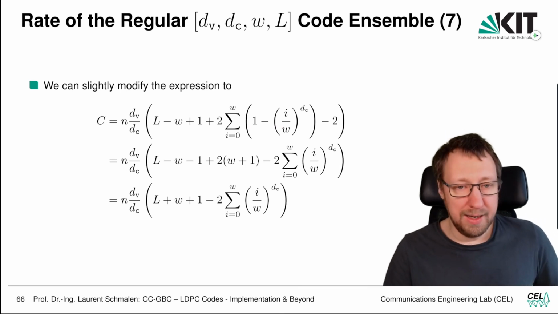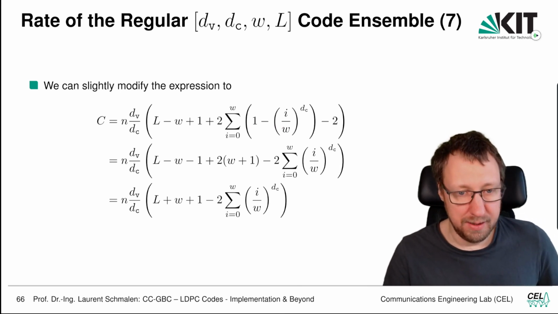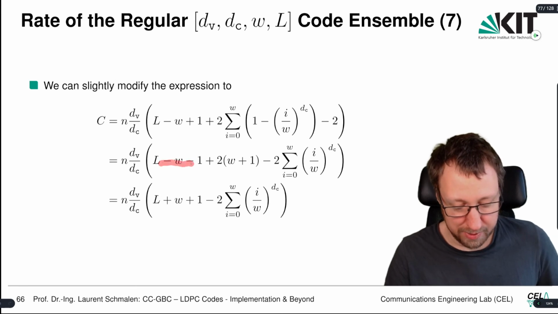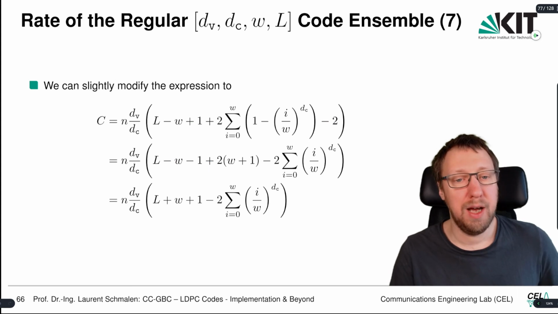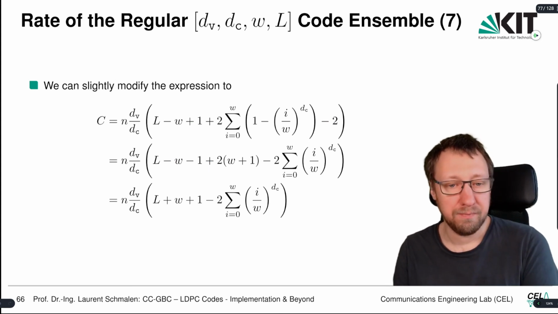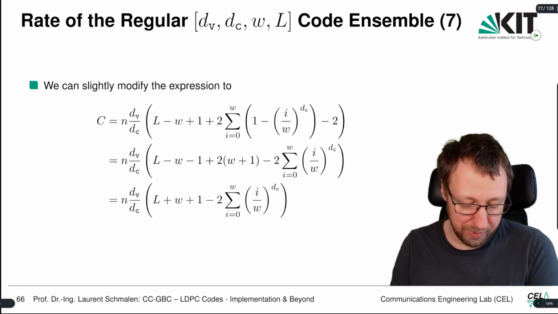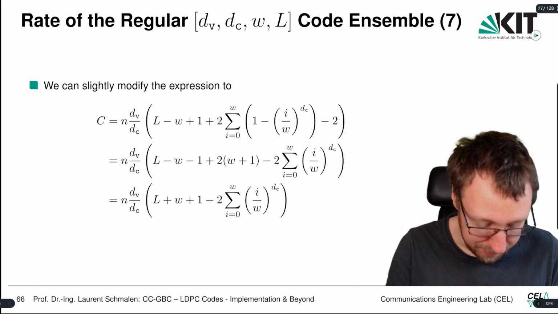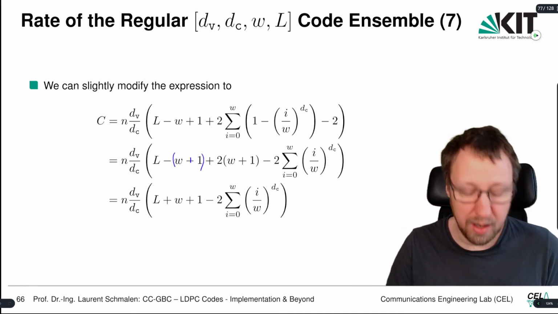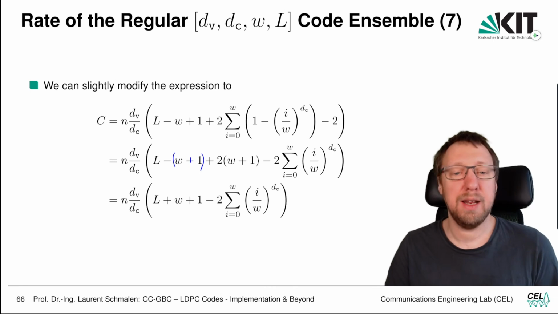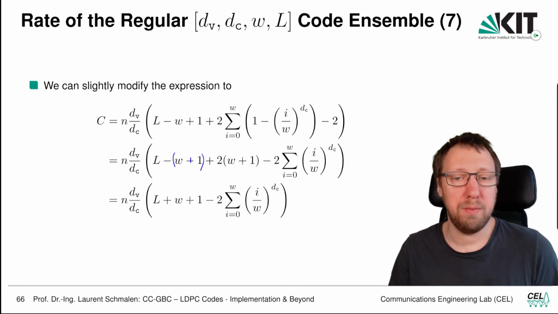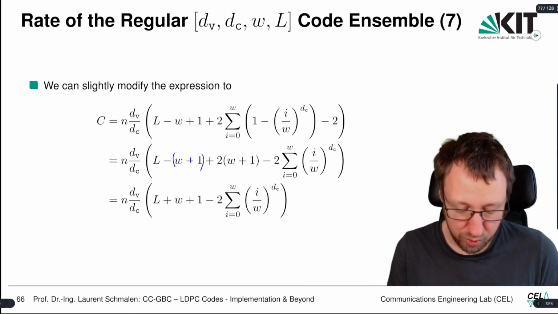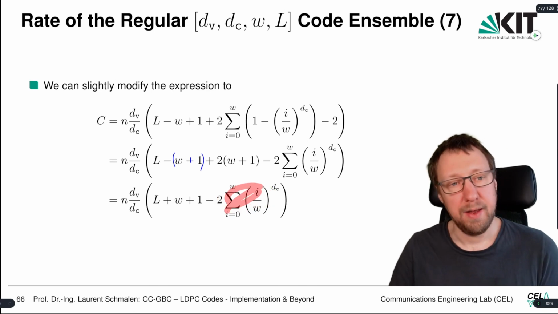So we can say that this is L minus W plus 1, so plus 1 minus 2 is minus 1, plus 2 times W plus 1. So here, we also group this. This is minus W plus 1, plus 2 times W plus 1, remaining W plus 1, minus 2 times this summation here.